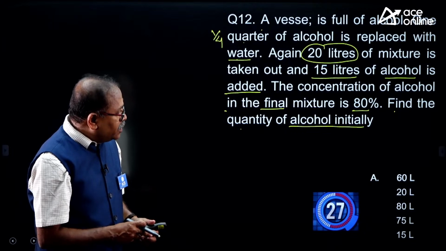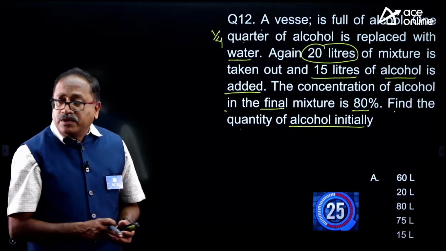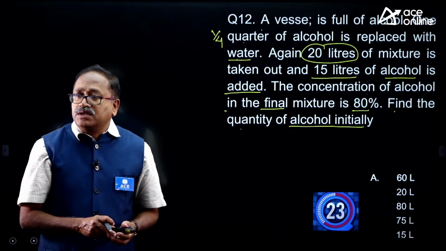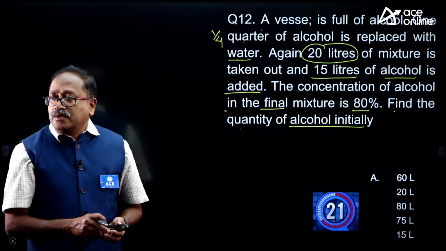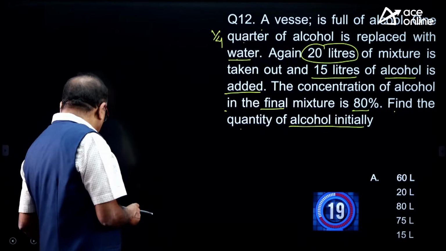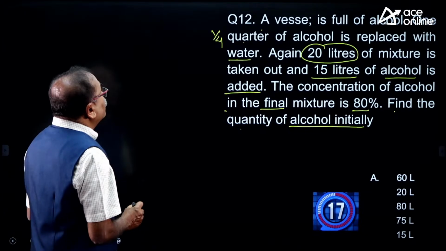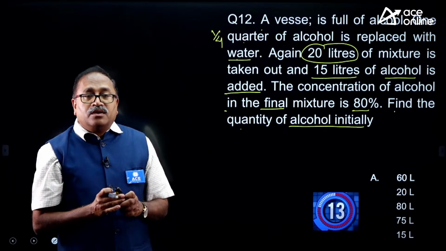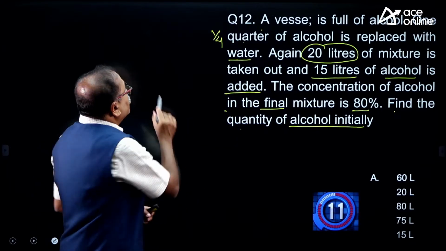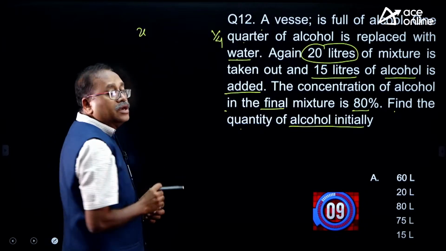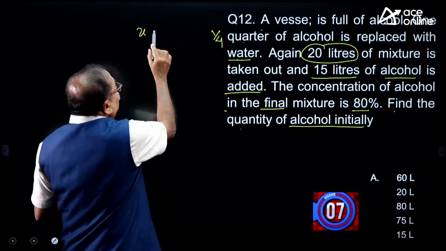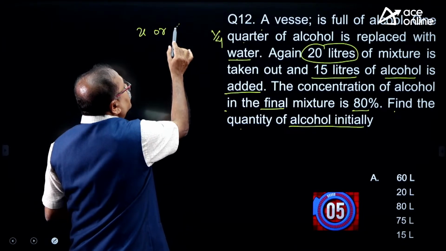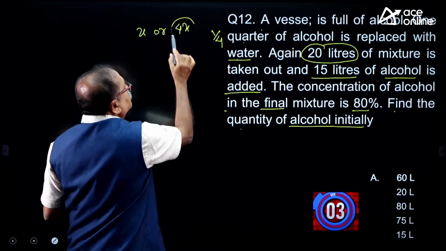Okay. Well done. In a very reasonable time you answered the question. Let me see if others answer the question or not. As I don't know the initial quantity, I have two options with me. I can take the initial quantity as X, or I can prefer to take it as 4X.